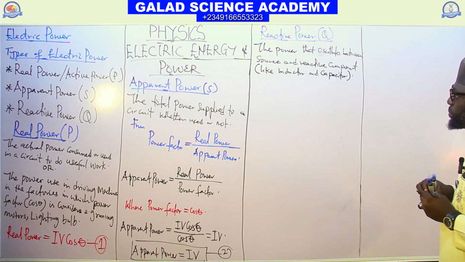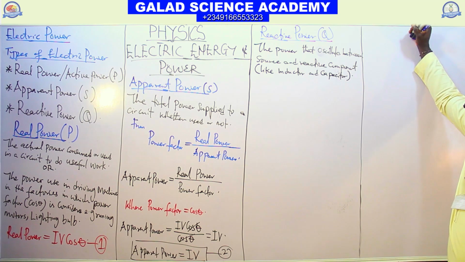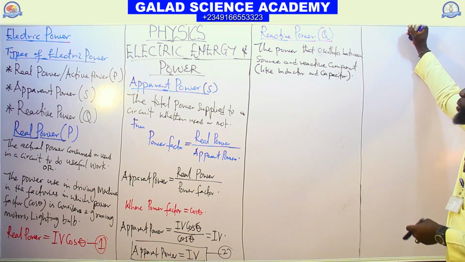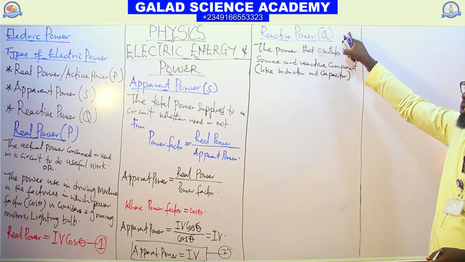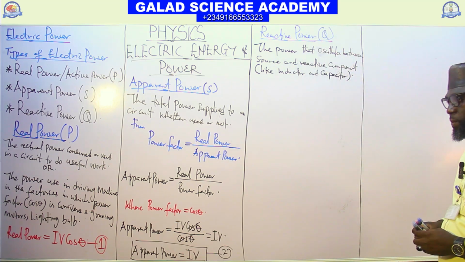The power that oscillates between the source of the power and the reactive component is called reactive power, Q.